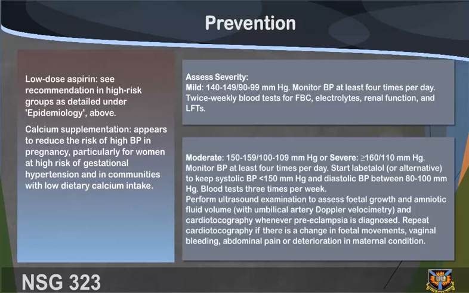Monitor BP at least 4 times per day. Twice weekly blood test for FBC, electrolytes, renal function, and LFTs. Moderate: 150 to 159/100 to 109 mmHg, or severe: greater than 160/110 mmHg.